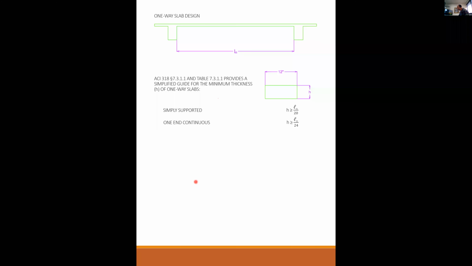I'm looking on page 100. I think they just refer to the code book. It keeps saying ACI code. But it's the same table for beams, so maybe they presented the table earlier on.